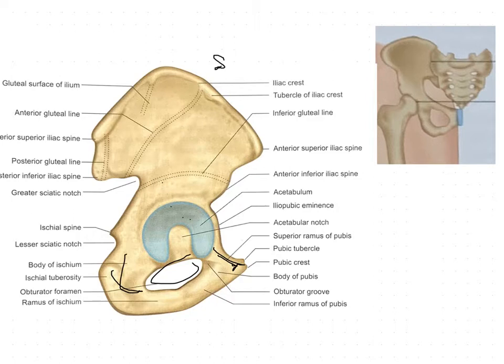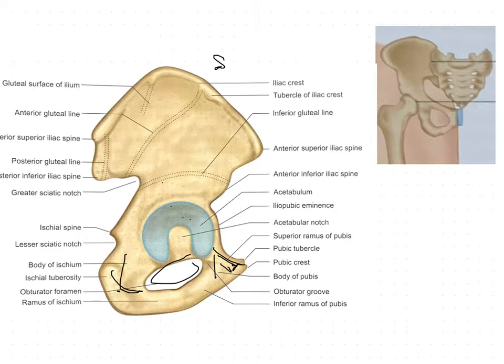So this is the side determination. First we have to see whether the acetabulum is placed laterally. When you take the hip bone, the acetabulum should be placed laterally, and the ilium should be in the superior aspect, whereas the pubis, which is the thinner part, should be placed in the anterior aspect, and the ischium on the posterior aspect.